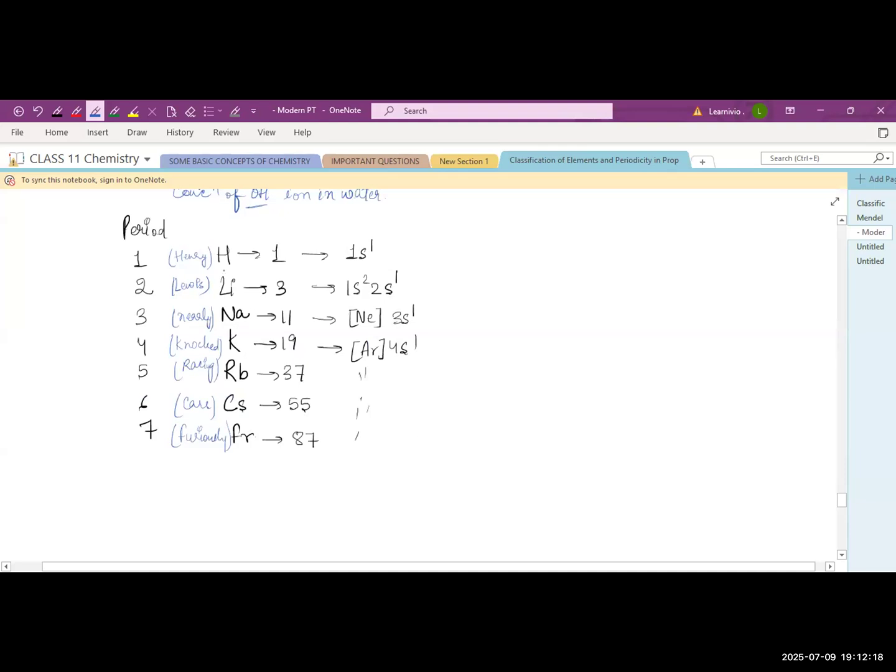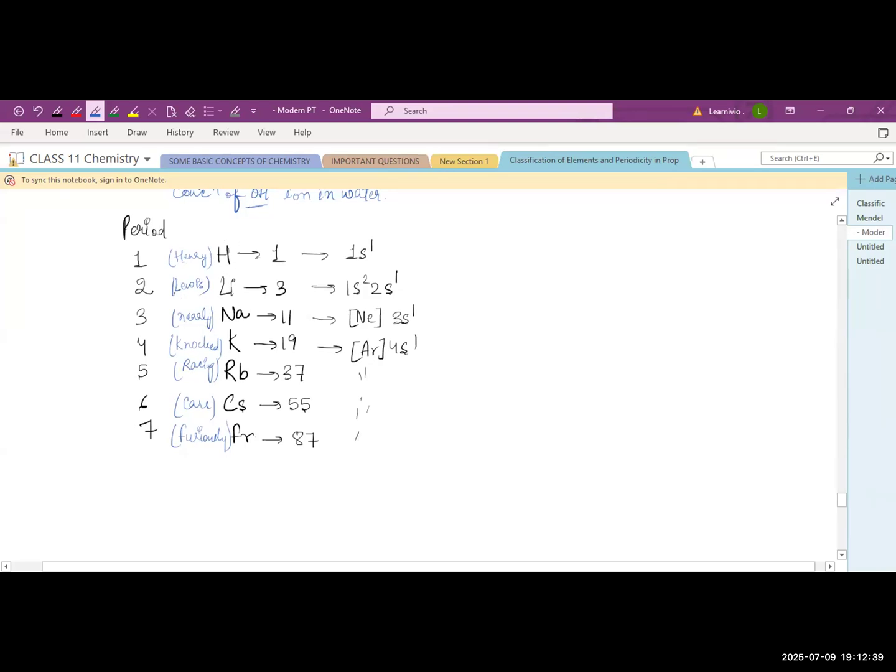Hydrogen, lithium, sodium, potassium, rubidium, cesium, and francium. If you want to remember them through mnemonics, you can use this one: Henry Lewis nearly knocked racing cars furiously.